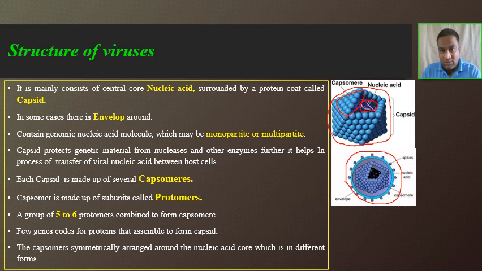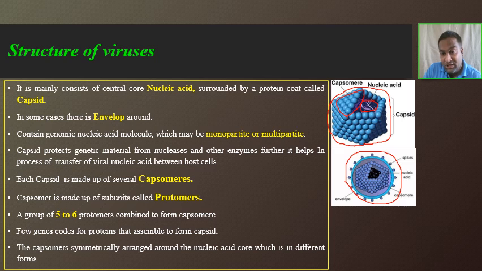Here are the small spherical structures. Each single structure is called a protomer, and a group of 5 to 6 protomers combine to form a capsomer. Then a few genes code for the proteins that assemble to form a capsid.